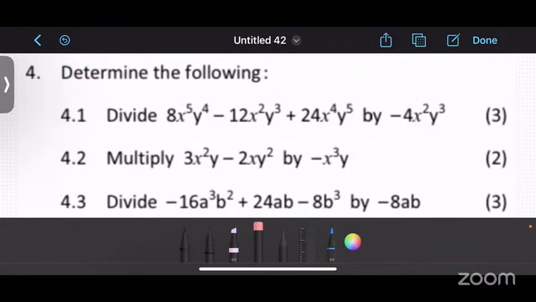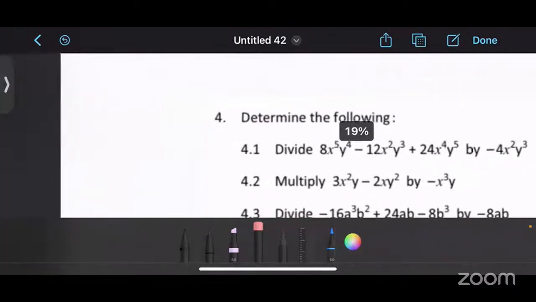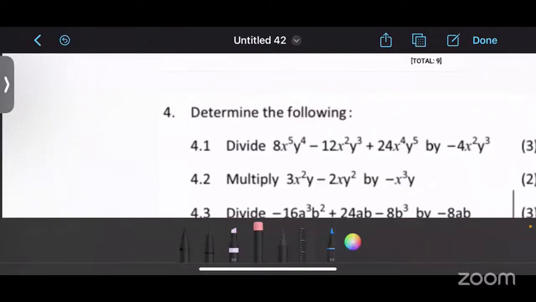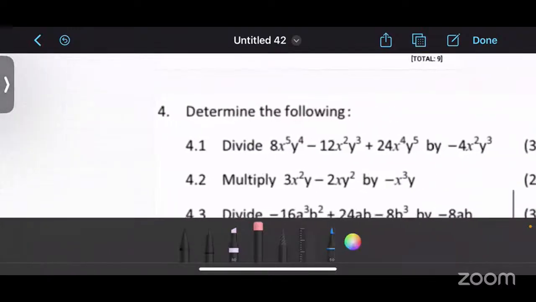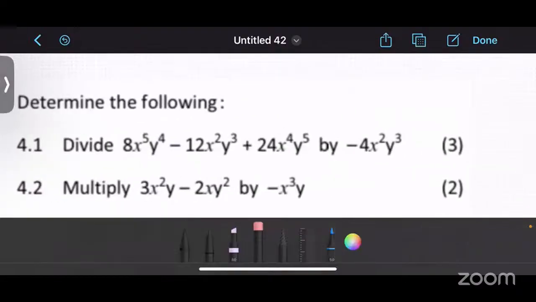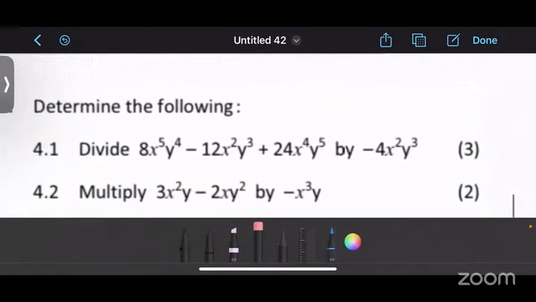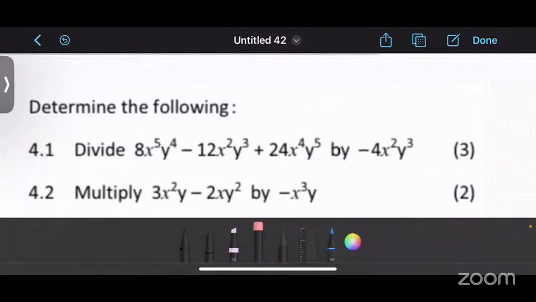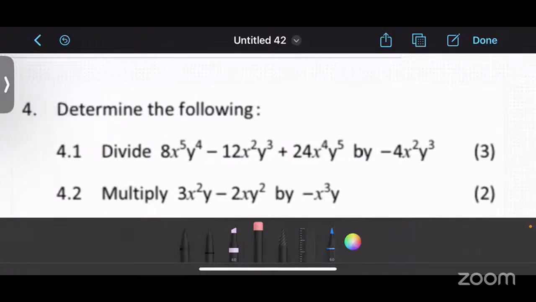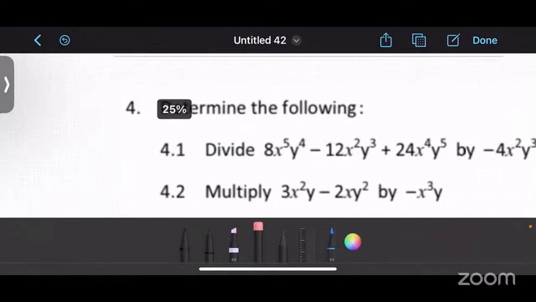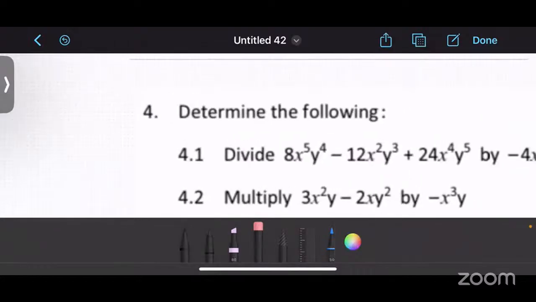I think, ma'am, for question 4.1, we're going to say 8x to the power of 5, y to the power of 4, minus 12x squared, y cubed, plus 24x to the power of 4, y to the power of 5, over negative 4x squared, y to the power of 3. Just going to rewrite it.